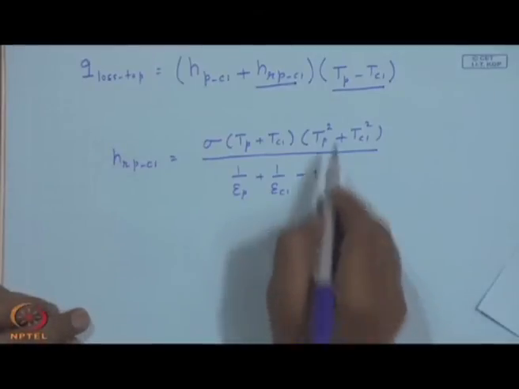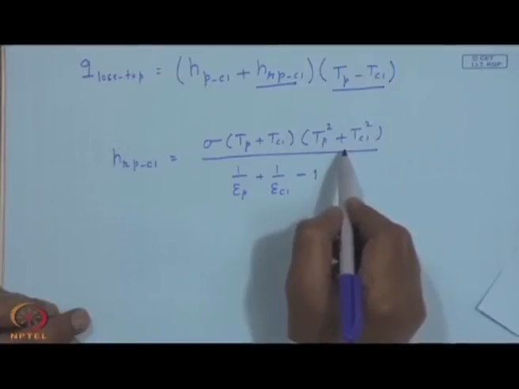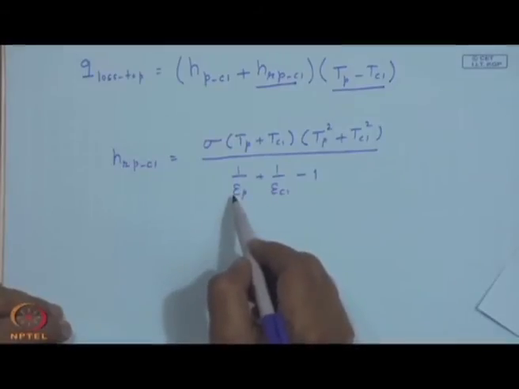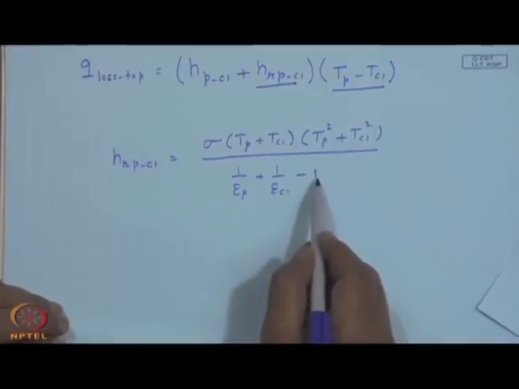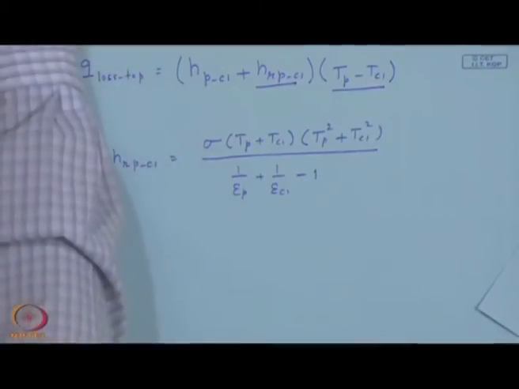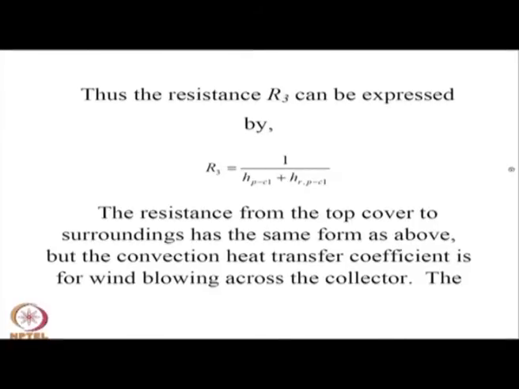There is no magic. If you just multiply with T P minus T C 1, it will be nothing but sigma into T P to the power 4 minus T C 1 to the power 4 upon 1 upon epsilon P plus 1 upon epsilon C 1 minus 1. This you have done in your undergraduate heat transfer course in the radiation part.